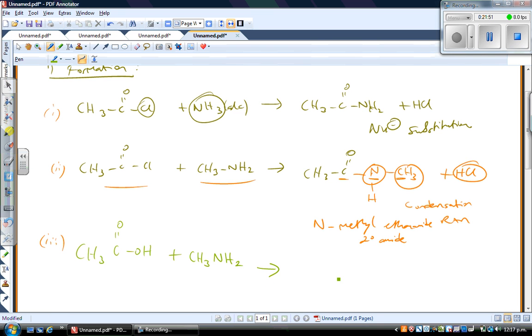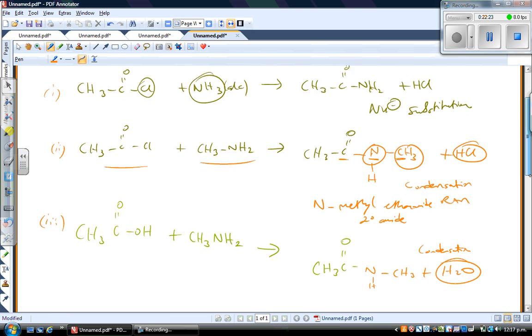And the products of that will still be a condensation reaction, but instead of HCl being eliminated, it's H2O in this case. So we'll use different colors to signify the addition of the amine to the carboxylic acid. CH3 plus H2O. So this is also a condensation reaction, the addition of two large molecules together with the loss of a smaller one. So they're the three main ways for forming amides.